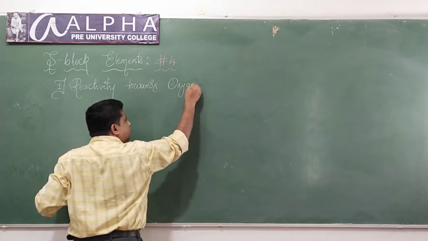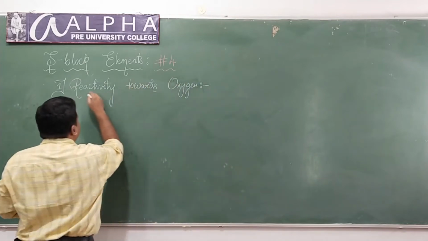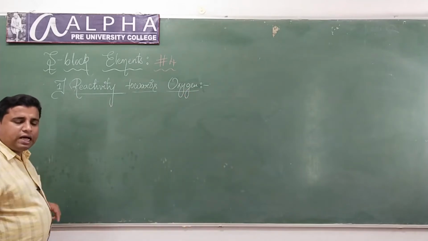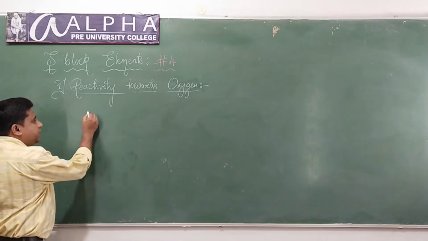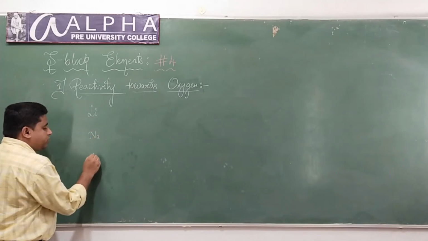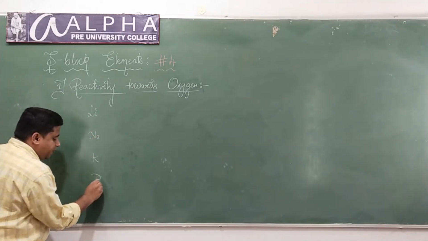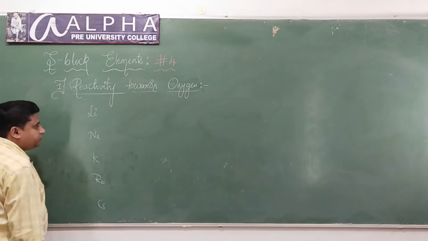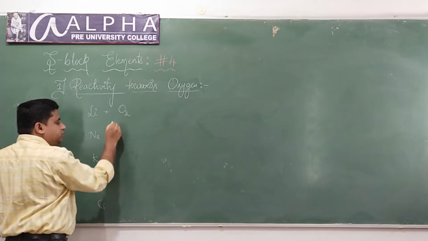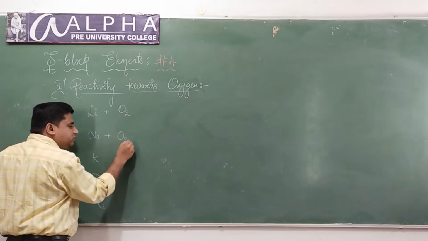Reactivity towards what? Oxygen. Look here, which are the alkali metals that we are dealing with? Lithium, sodium, potassium, rubidium, cesium. When these alkali metals react with oxygen, don't worry about balancing the reaction.